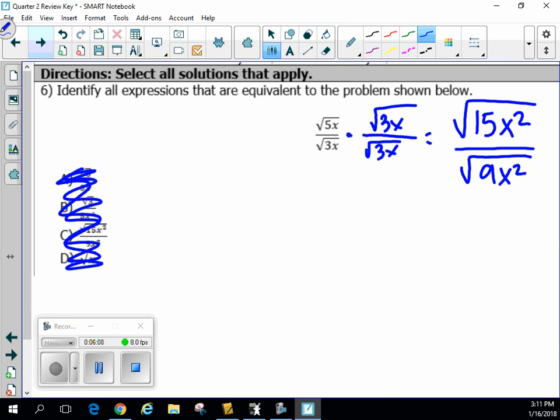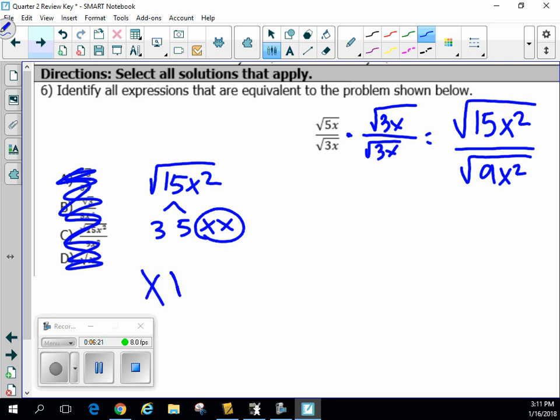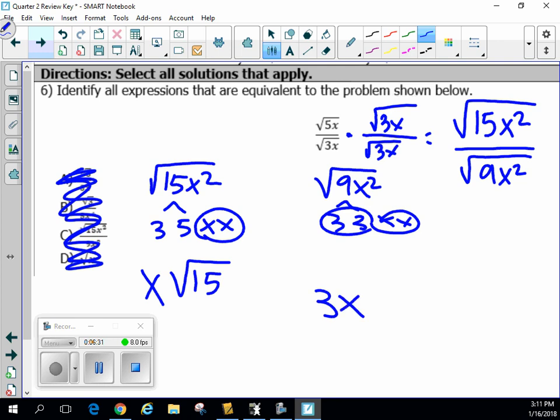Now you need to simplify each one. If I simplify the square root of 15x squared, 15 breaks down to 3 and 5. X squared is x and x. Take out my twins, so I would get x square root 15. On the bottom, square root 9x squared breaks down to 3 and 3, x and x. I have twins, so we get 3x.